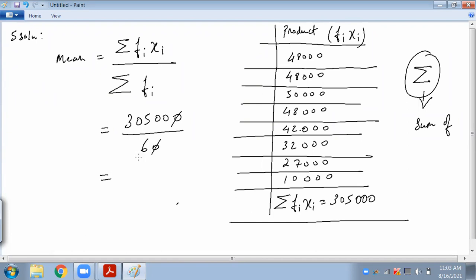Then again we can cut it by 2, or we can directly divide also. So it is coming 5083.33.